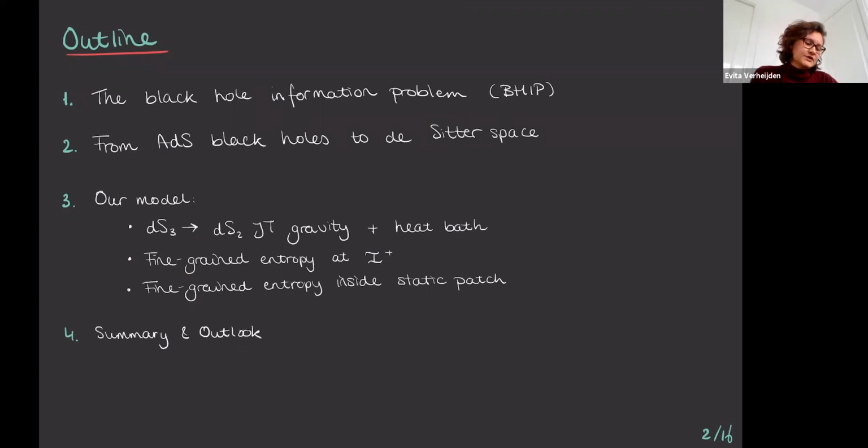And then I will make the transition from AdS black holes to empty de Sitter space and introduce a model that we constructed, in which we start from three-dimensional de Sitter space and then do a reduction down to 2 dimensions, thereby creating a gravitating region and a thermal bath. And then we are able to compute, using the three-dimensional system as an auxiliary system, the fine-grained entropy, both at future infinity and inside a static patch.